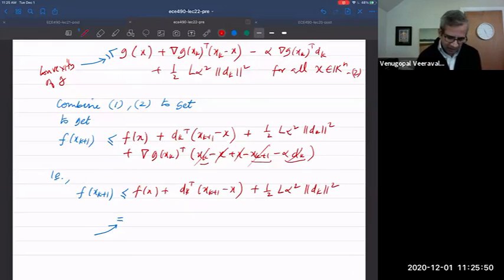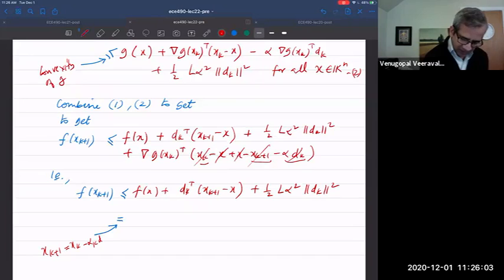And here, what I'm going to do is write xk plus 1 in terms of xk again, xk minus alpha dk, with a constant step size alpha; I've decided to use a constant step size.